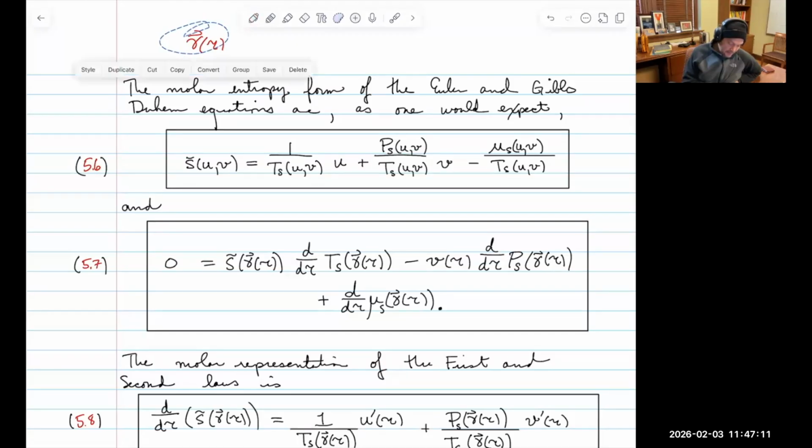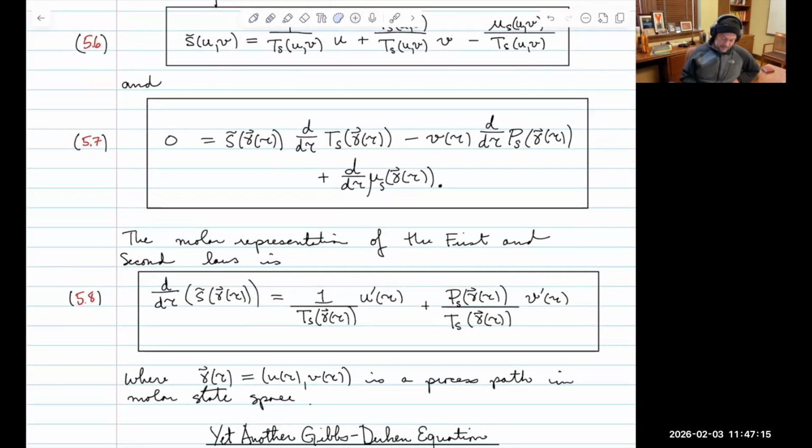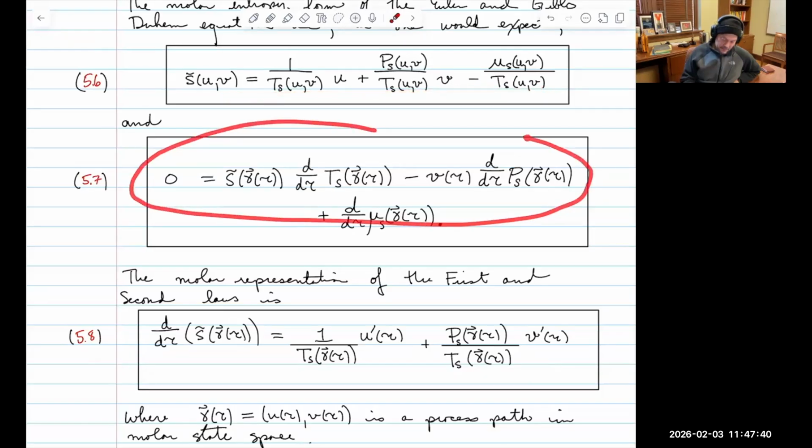Then what we need to do next is get a version of a differential form of the first and second laws. That's very easy to get. Same procedure as you did above. Then you multiply both sides again by temperature, and then you subtract the resulting equation here from the equation resulting from taking the tau process derivative here, and you get this Gibbs-Duhem equation.